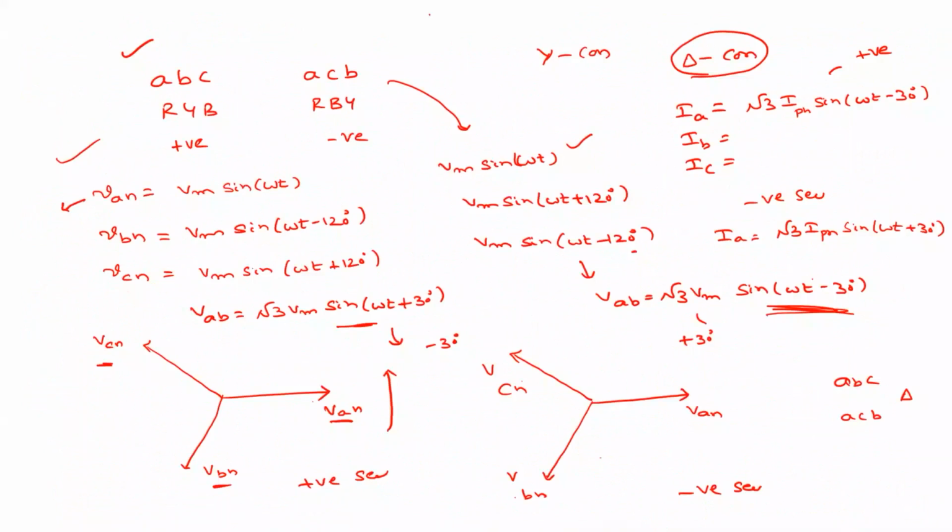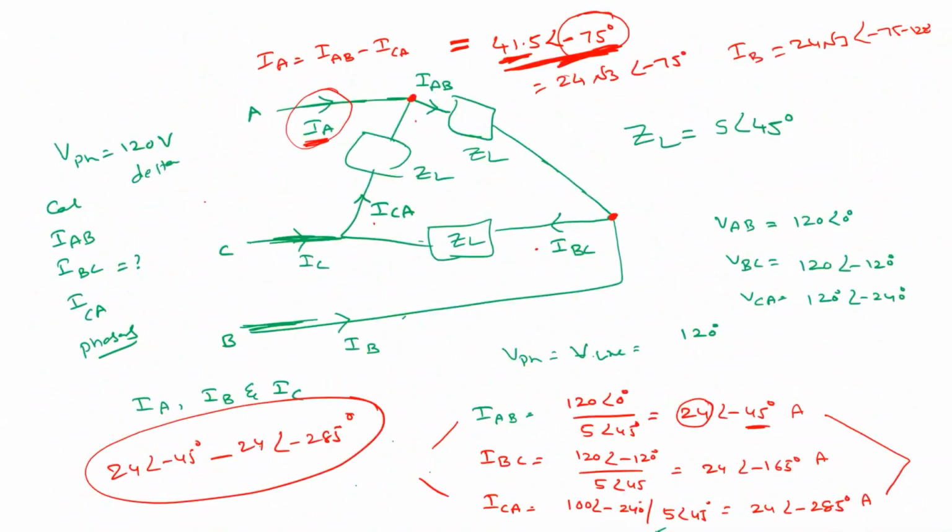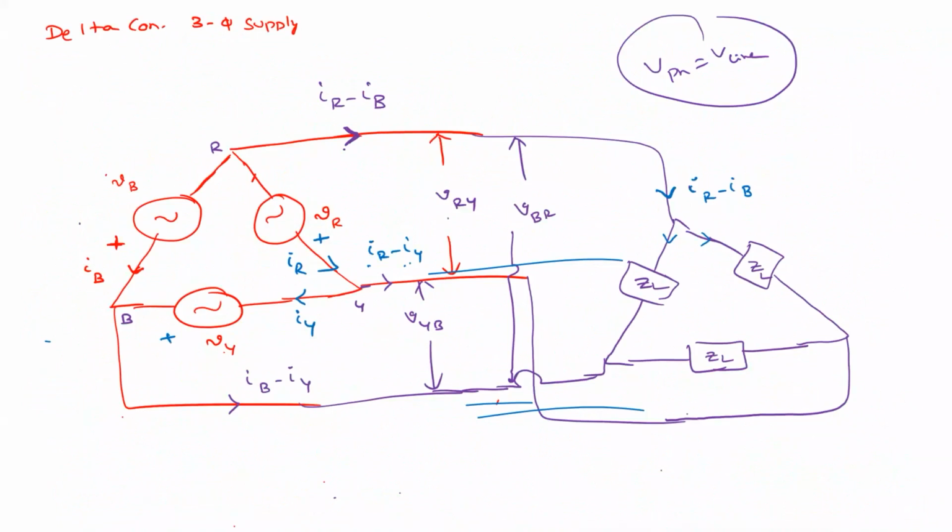So why exactly like that? Sir, in delta voltage doesn't change, no, sir? Yes, voltage doesn't change. Phase voltage and line voltage are both the same. Magnitude will be the same, but angles will be different? No, angles and magnitude are both the same. There is no change at all. Whatever the phase voltages are, line voltages are the same. We already did this, right?